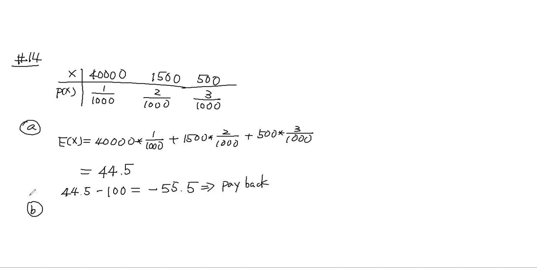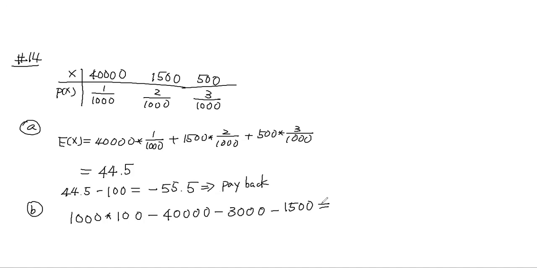Okay, so they want to receive 50,000. So if I sell all the 1,000 tickets, right? Each ticket is $100. This is the total I'm going to have. Then I'm going to subtract what I give away: 40,000, 3,000 for the second prizes, and 1,500 for the third prizes.